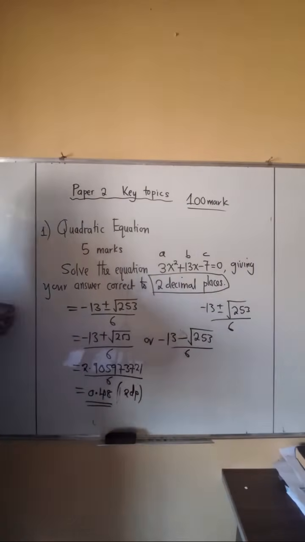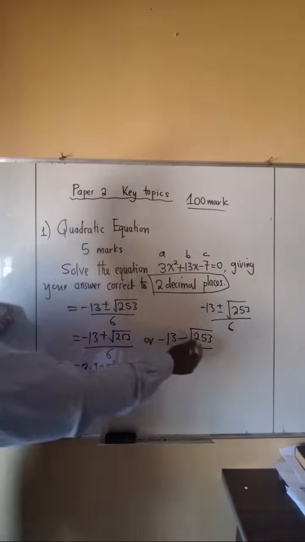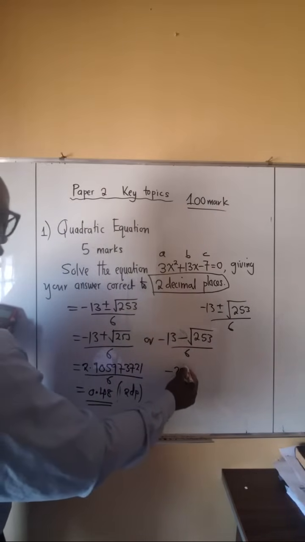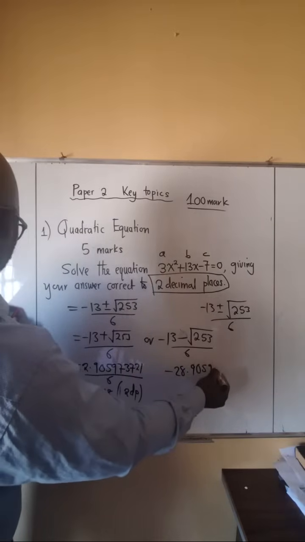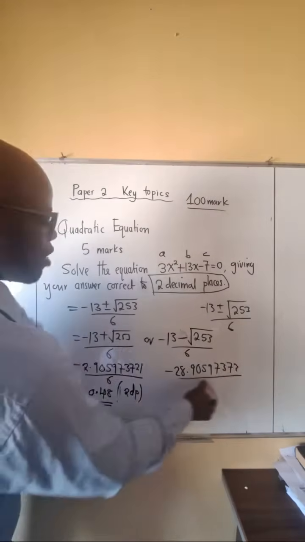The next one here, we should say is negative 13 minus square root of 253. It's giving us a negative 28.90597372 over 6.